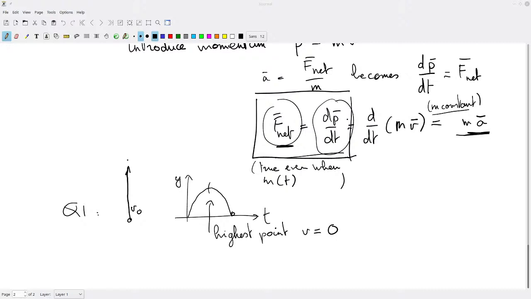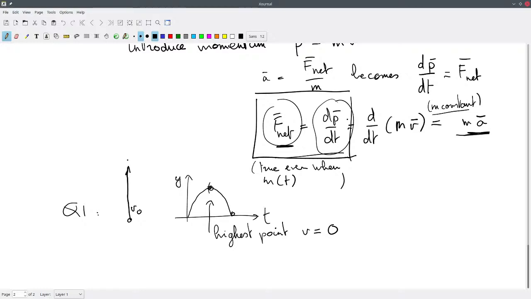So is the net force on an object in projectile motion equal to 0 at the time when it has reached its highest point and when it is momentarily at rest?